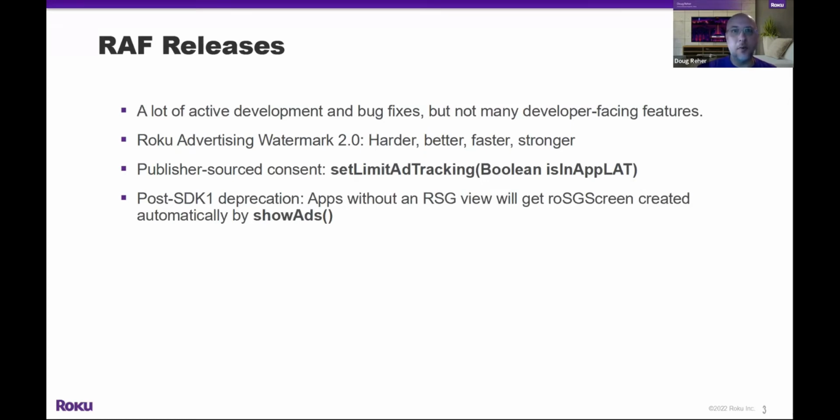And we wanted to let you know that we have your back. We realized there was a simple way that we could still allow monetization of these apps just by making a new roSGScreen in place in the app whenever you call show ads from a non-scene graph app. So we just went ahead and did that. There's no changes or republishing of your app necessary.